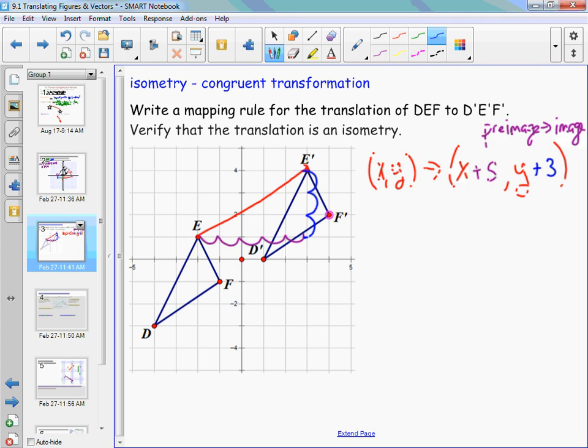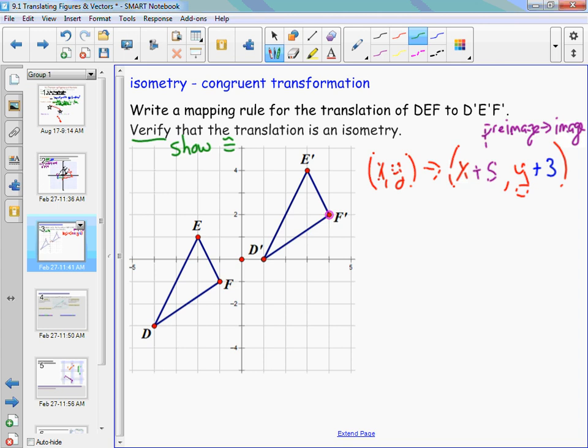Now, to verify that the translation is an isometry, this is another way of asking to show that they are congruent. Now, we are working with a triangle in this example, so we need to show either side, side, side, side, angle, angle, hypotenuse, leg, or any of those.